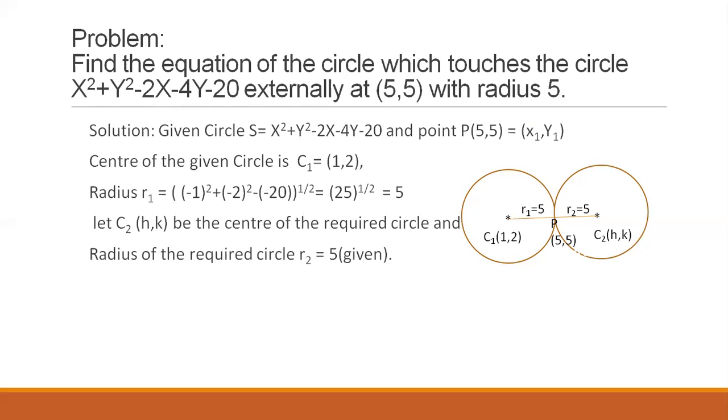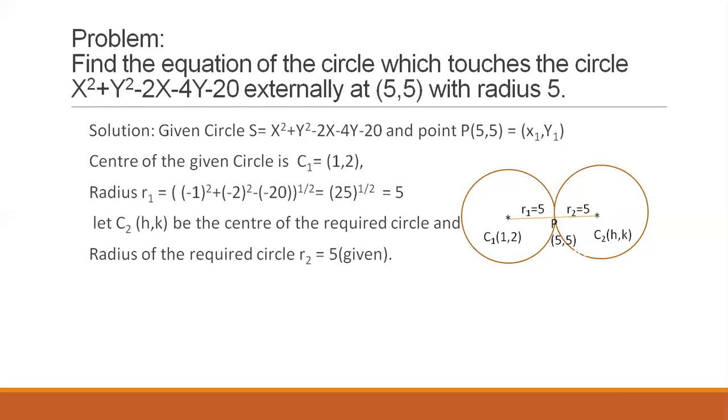Center of the given circle C1 is (1, 2) and radius of the given circle is under root of g square plus f square minus c, which is (minus 1) whole square plus (minus 2) whole square minus of (minus 20), whole to the power of 1 by 2, which is root 25 is equal to 5. Let C2 (h, k) be the center of the required circle and radius of the required circle is R2. R2 value is equal to 5, given. We need to find the equation of the circle with radius 5.